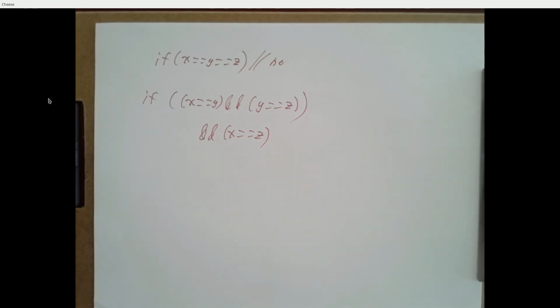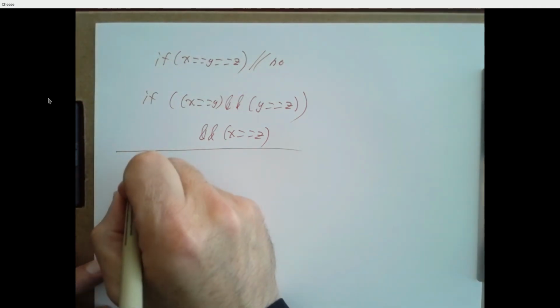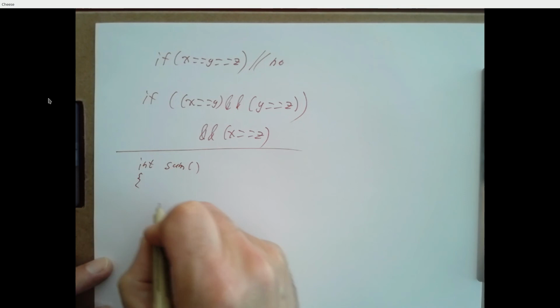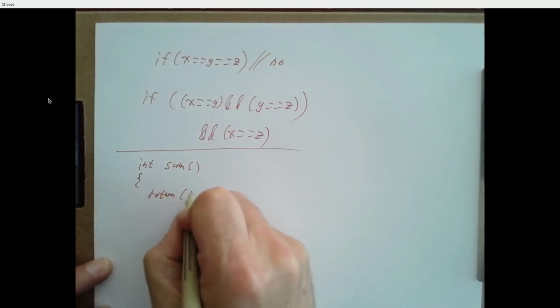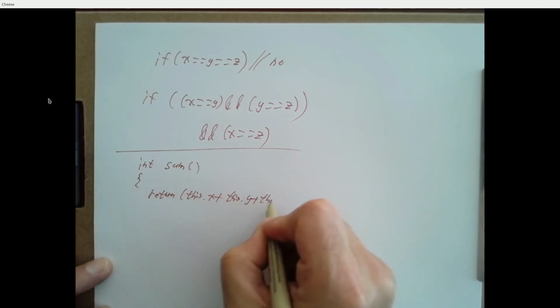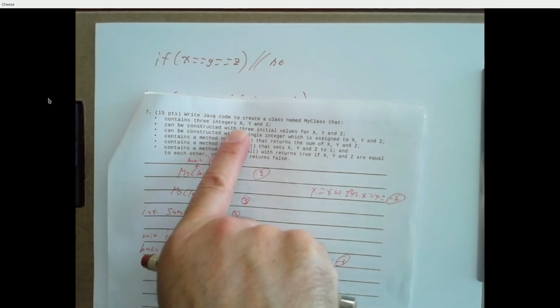The other thing I saw, not just here, but in a lot of other places, was people going a little crazy with this. Right, so let's look at your sum method. So sum, these are integers. That works, but you don't need to be saying this because the only x I could be referring to is the x that's part of the class.